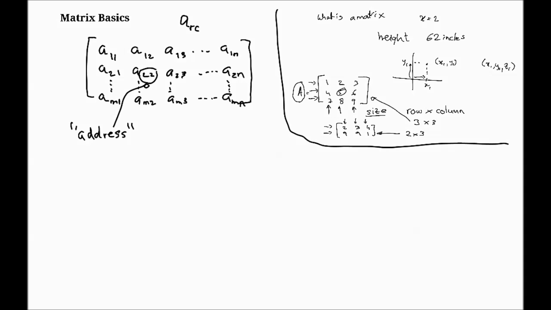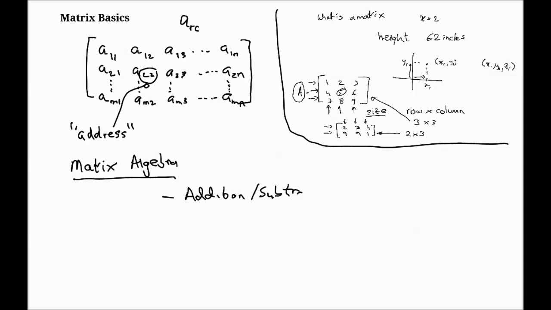Next, let's get to the next important point, which is matrix algebra. What do I mean by matrix algebra? Well, it's a large topic, but at the moment, I'm only going to look at addition and subtraction. Let's look at these 2 first because both are similar. One is taking away, one is adding on.